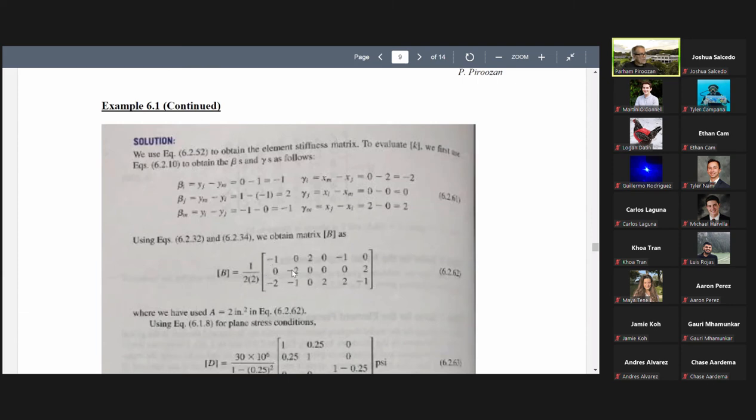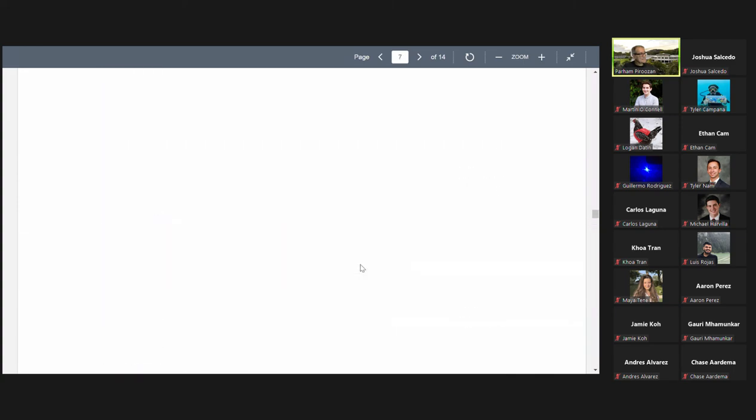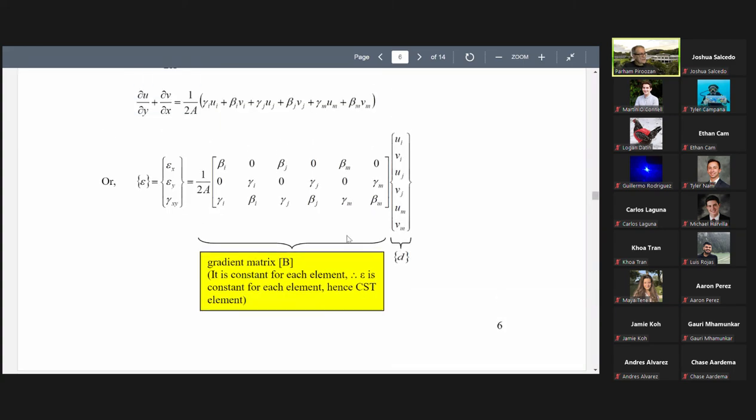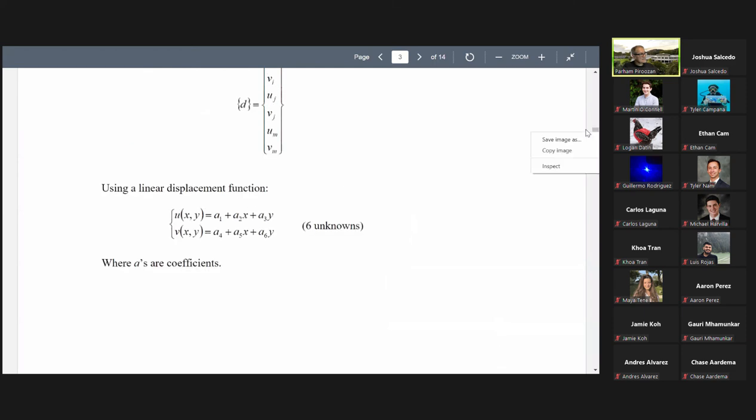As you see, these are all constants. In this matrix, all of them are just numbers. They are not functions of X and Y. If they are all constants, and the displacements are also numbers, it means that our strain will be constant over this element.